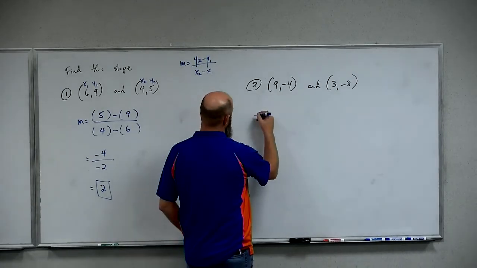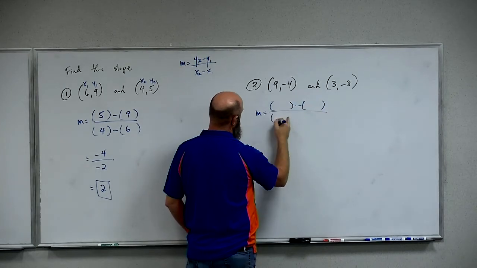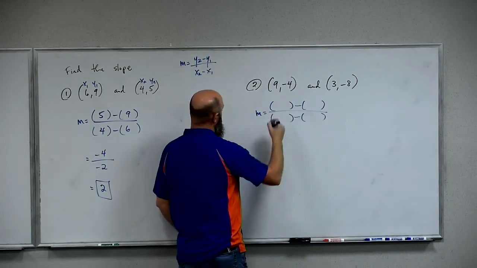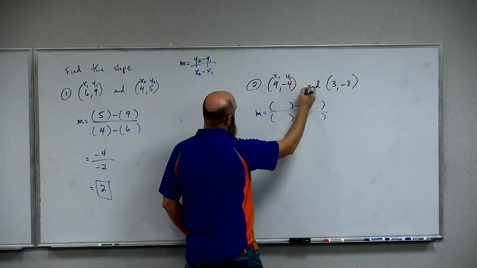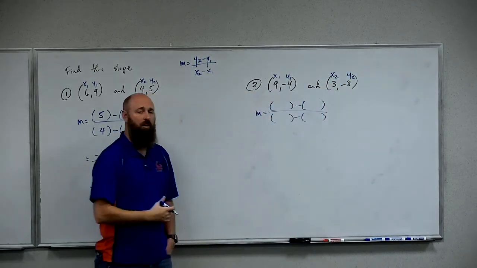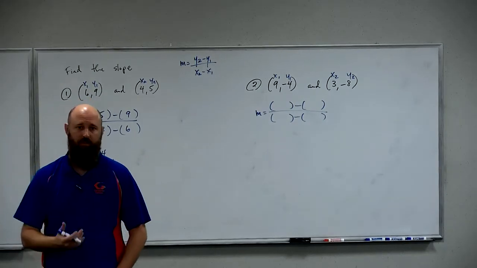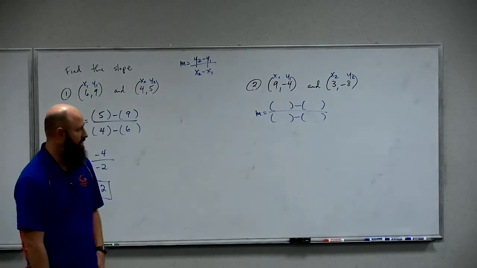Again, I'm going to put my slope and my parentheses before I do anything else. Now we can also say x1, y1, x2, y2, that way we can see those. You don't have to do all that as far as the x2s and y2s. If you can write it all down correctly, that's just fine.